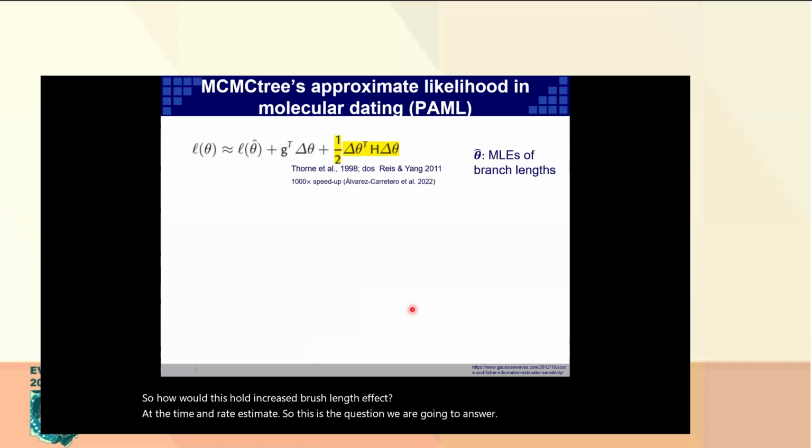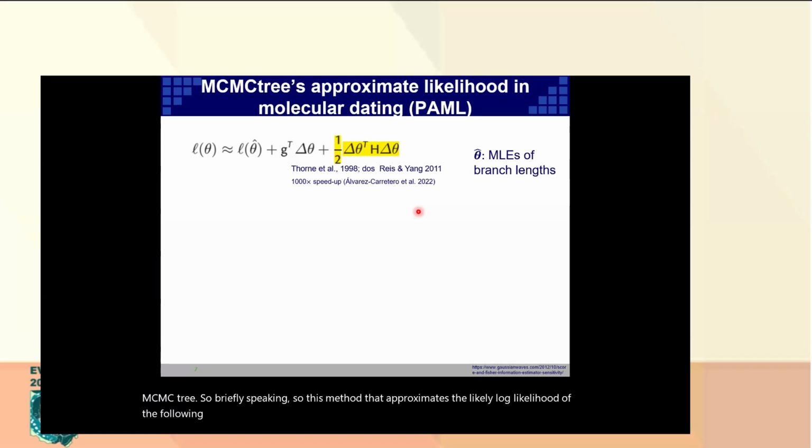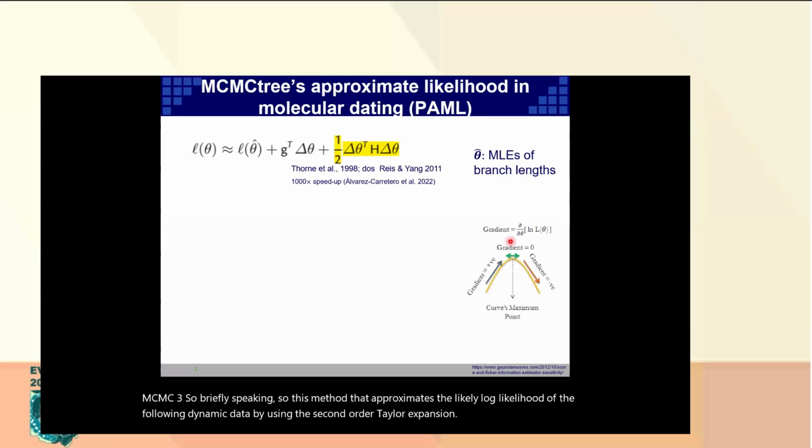Directly calculating the phylogenetic likelihood under complex substitution models is very challenging. However, very fortunately, we have the very fantastic approximate likelihood approach implemented in MCMCTree. So briefly speaking, this method approximates the log likelihood of the phylogenetic data by using the Taylor expansion.